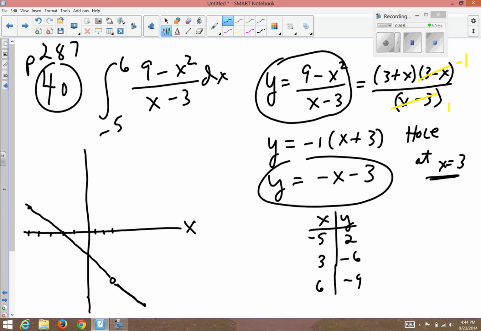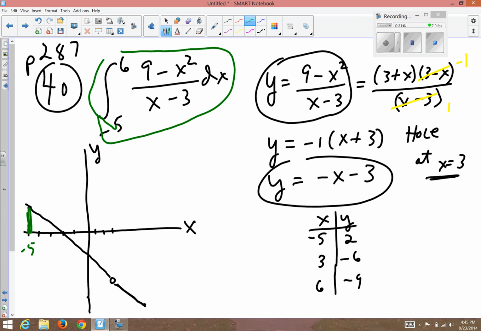So this question means find the area between y equals the integrand and the x-axis from x equals -5 all the way up to x equals 6. And this is crossing the x-axis.